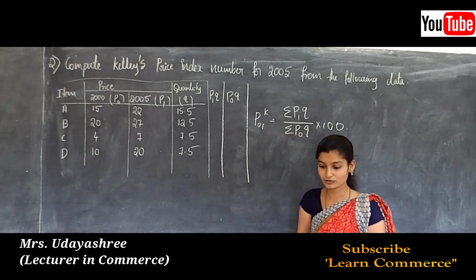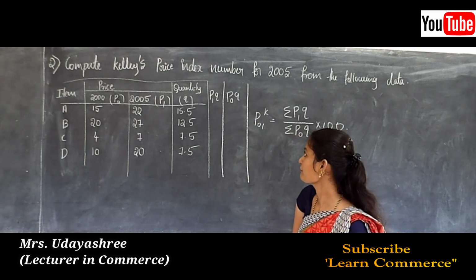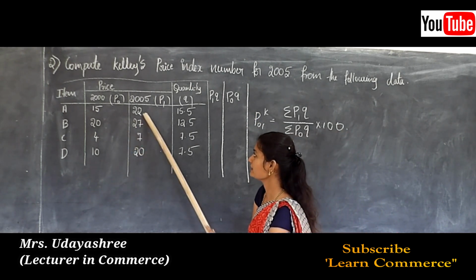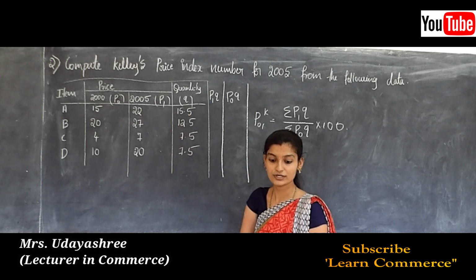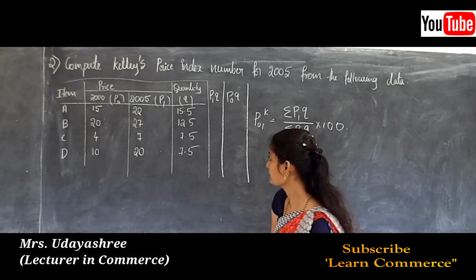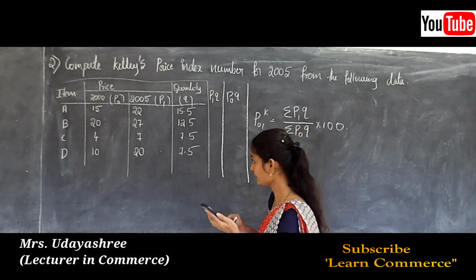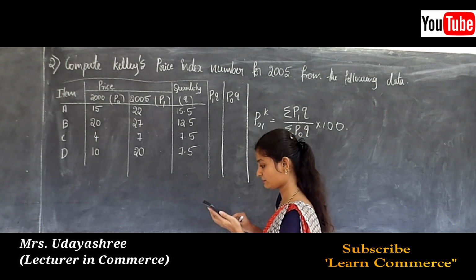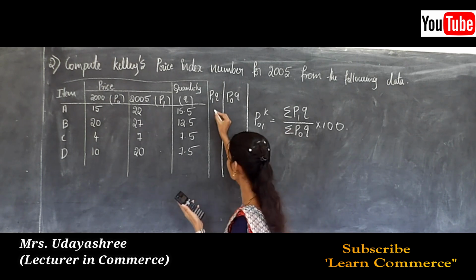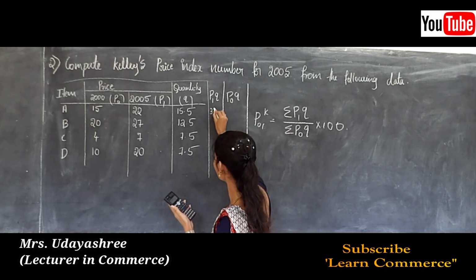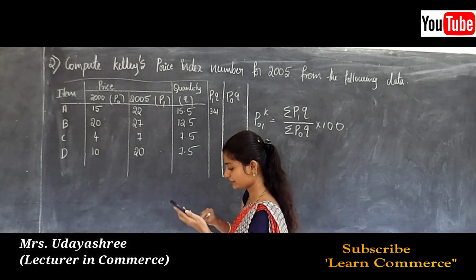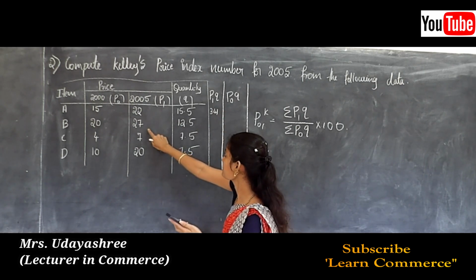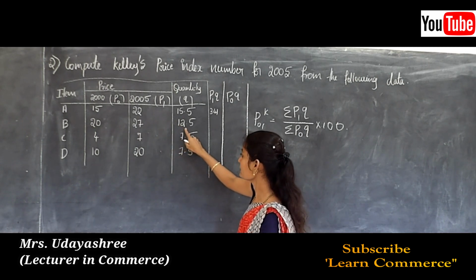Now calculate the answer. First one, here P1 is 22, Q is 15.5. So 22 into 15.5, the answer is 341. Next, P1 is 27, Q is 12.5.